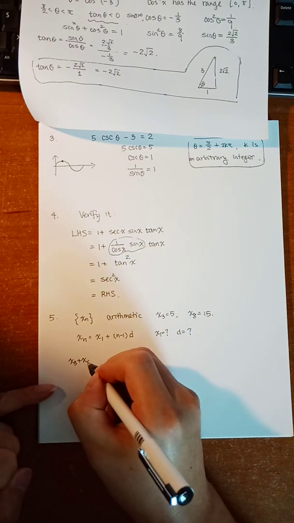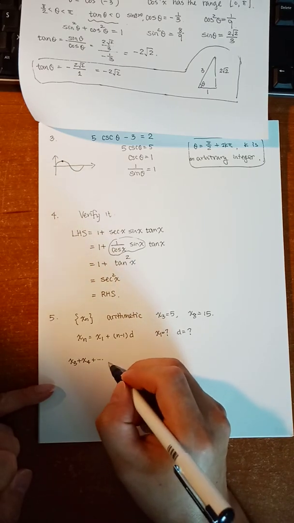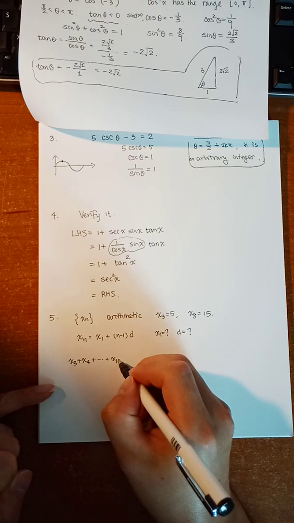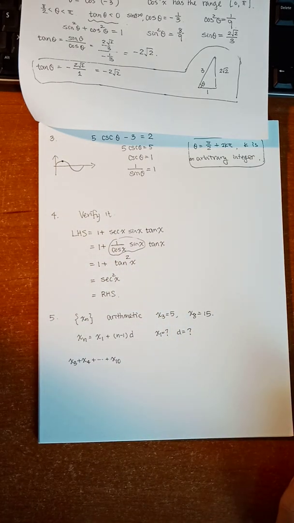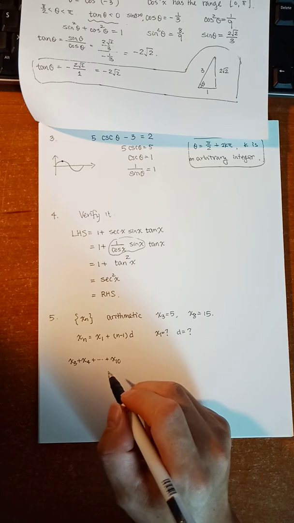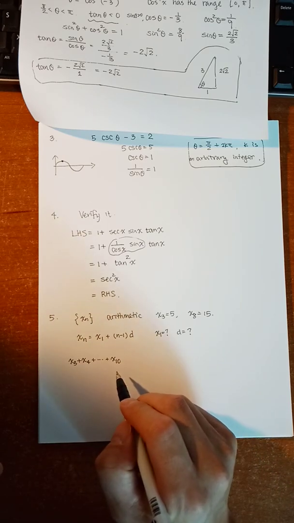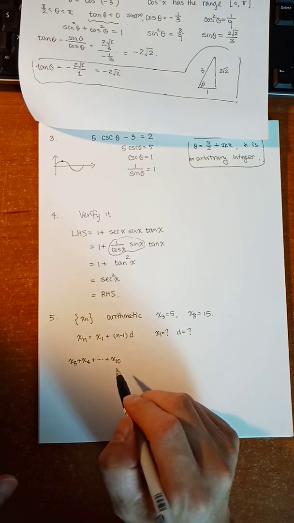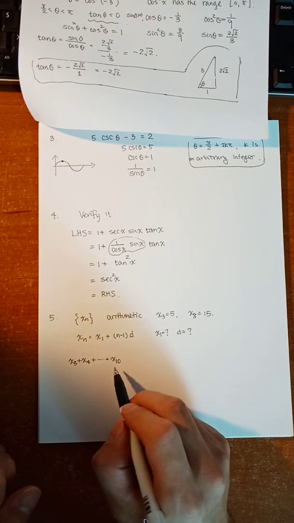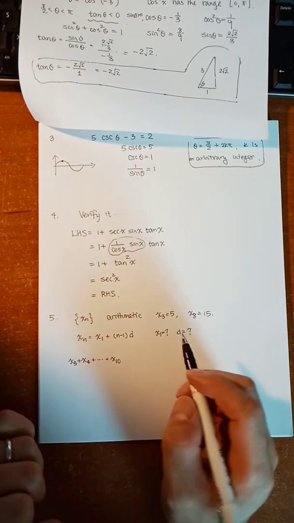The question is to compute the sum x3 plus x4 plus x5 up to x10. We know that for an arithmetic sequence, the sum is the first term plus the last term times n over 2.